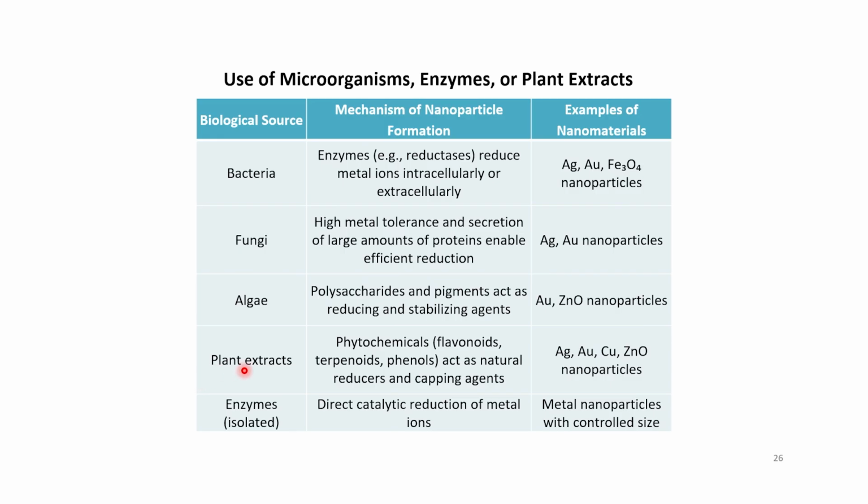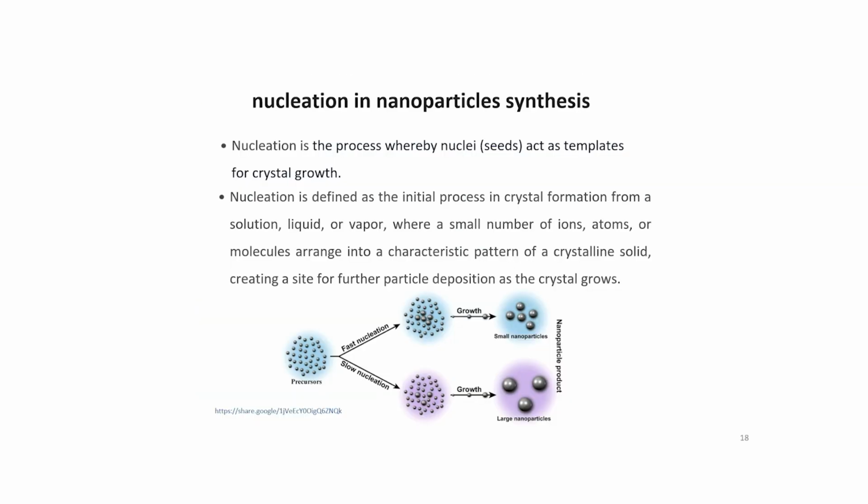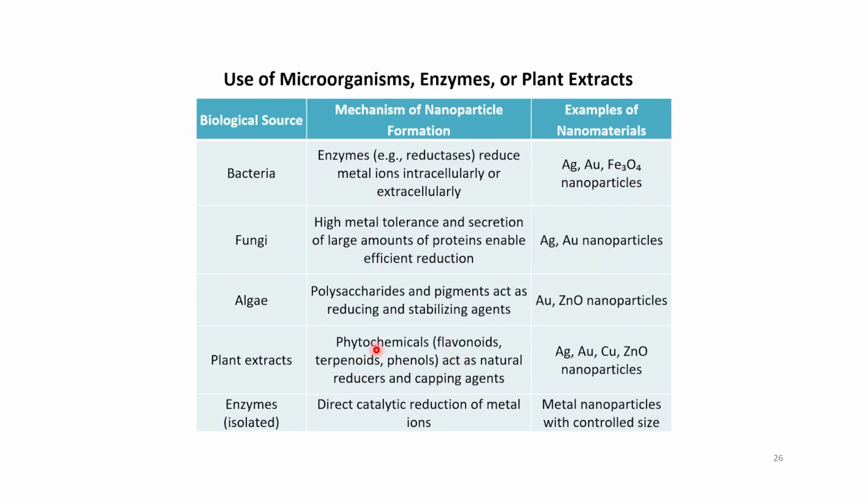Then you can use plant extracts. Plant extracts can have phytochemicals, flavonoids, terpenoids and phenols that act as natural reducers and capping agents. So here also you are obtaining your reducers as well as capping agents from plants. What is happening in the plant method is that you get your reducing agent as well as capping agent naturally from certain substances present in plants.